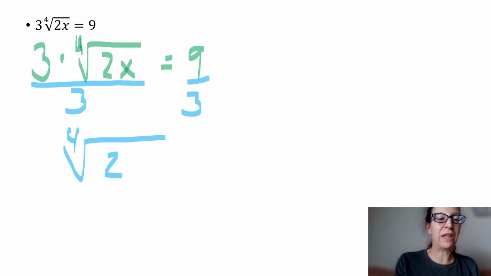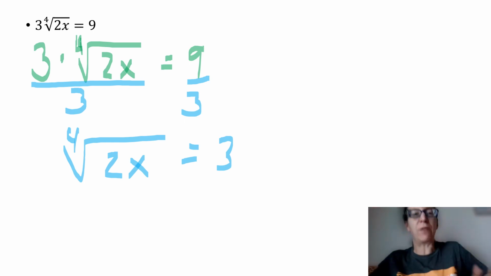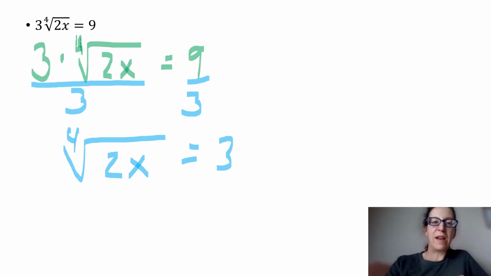Understanding what that operation is, and not just replicating what a teacher has done, right? Not just thinking, oh, my teacher did a division step there, so I should. Well, yeah, you should, but we want to understand why. Then the next step is to undo the radical.